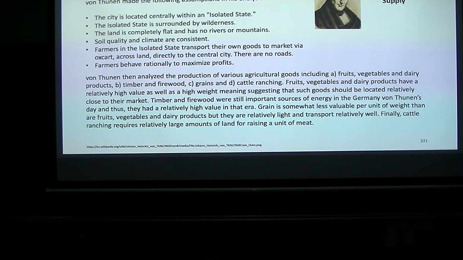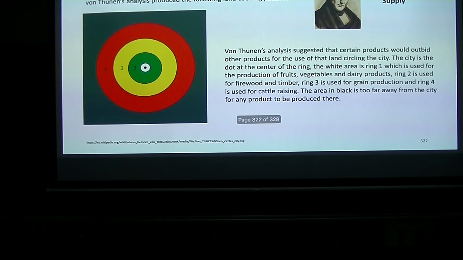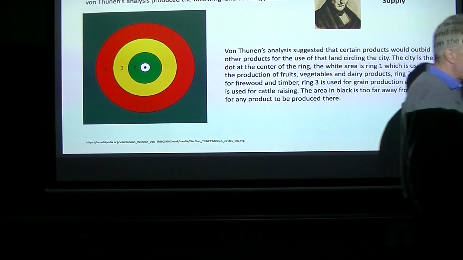Even today, you can't ship them far in general, unless you have a very efficient cool chain, you have to be careful about shipping perishable products a long distance. So that still affects, let's say, lettuce, fruits and vegetables that are on sale in the market here. So the result of this analysis produced the following land use ring pattern.